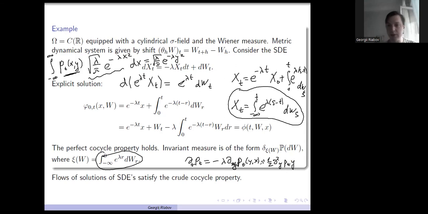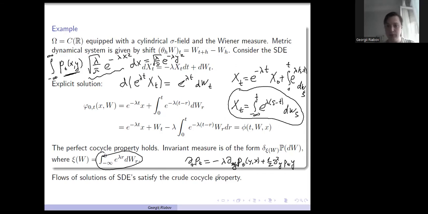So this is the forward equation for the transition density of this equation, and it is used to find the invariant measure.